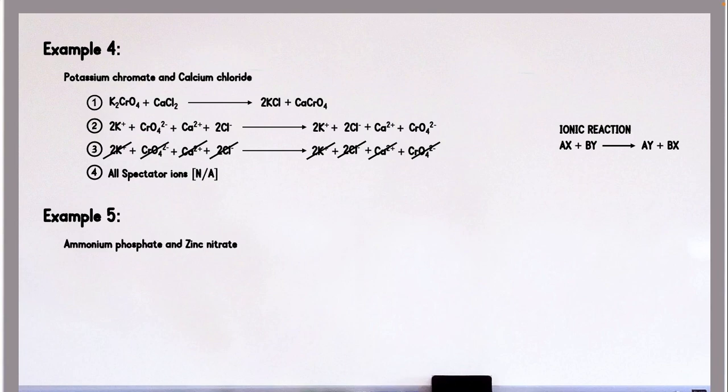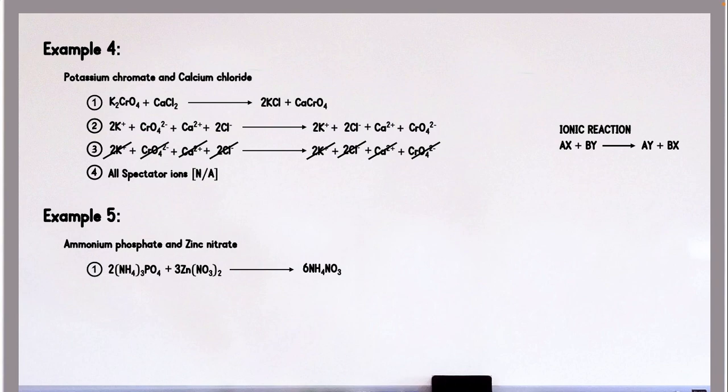This example is ammonium phosphate and zinc nitrate. We have ammonium and zinc. Remember to always balance your chemical equation. All of my equations are already balanced because I had already done a video previously that shows how to balance chemical equations, okay?